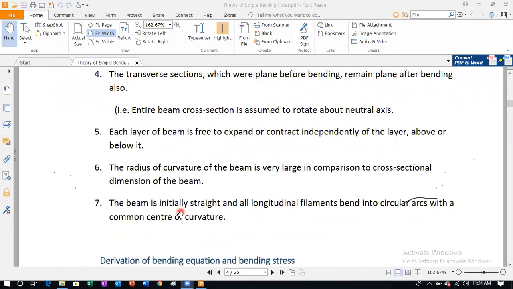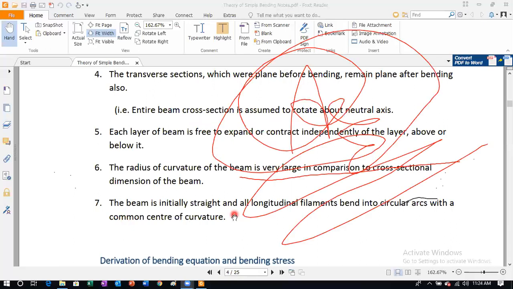Right. The sixth assumption is that the radius of curvature of the beam is very large in comparison to the cross-sectional dimension of the beam. The beam is initially straight and all longitudinal filaments bend into circular arcs with a common center of curvature.